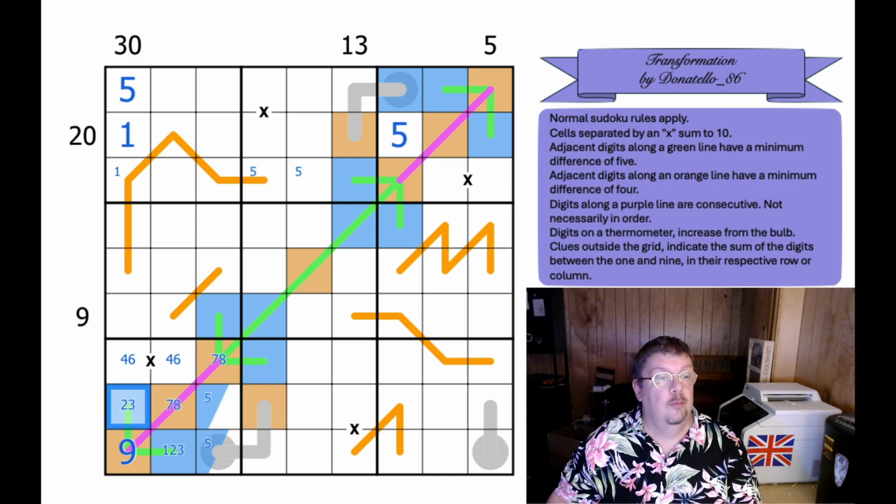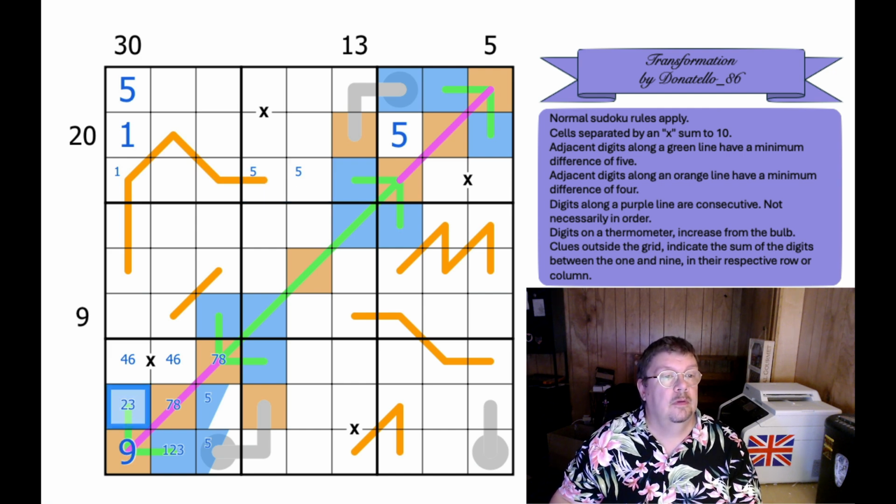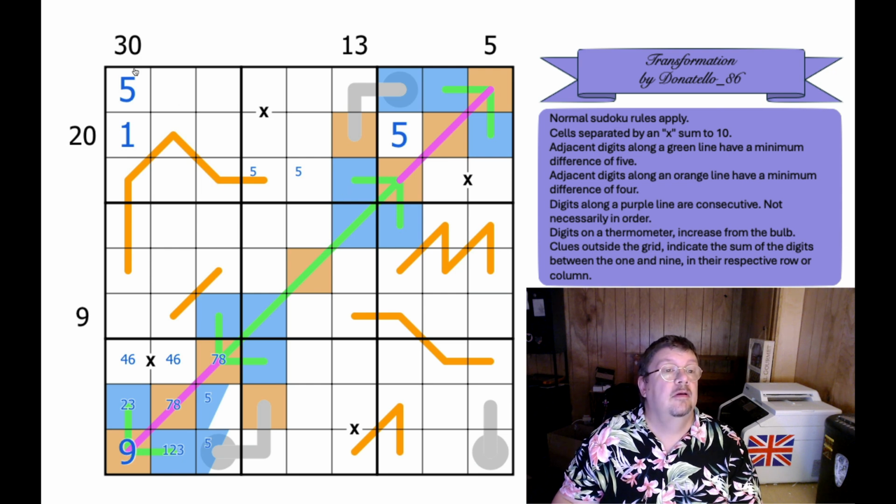And this is no longer a 1. Okay, this 30 clue is effectively done, because now, no matter what I fill in here, because of that 5, I will get to 30. So I am just going to mark that with a little X to remind myself that I have completed that clue.